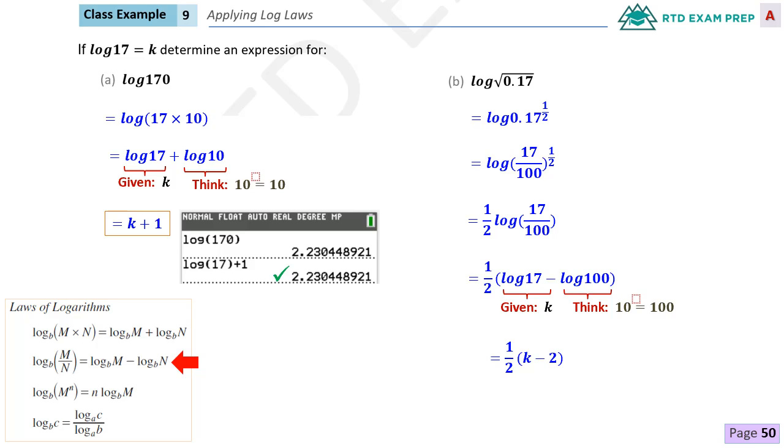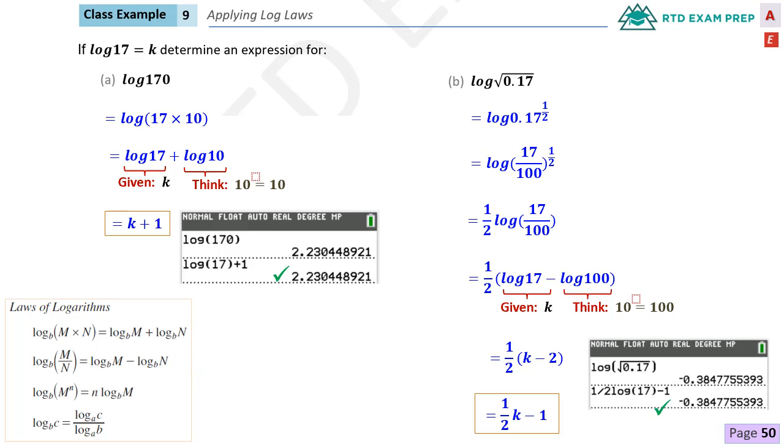Again, we can replace log 17 with k, and we can evaluate the log of 100 because it's a base of 10. Here we end up with 1/2 times k minus 2, which is equivalent to 1/2 k minus 1. This is another expression that we can check quite easily in our graphing calculator.